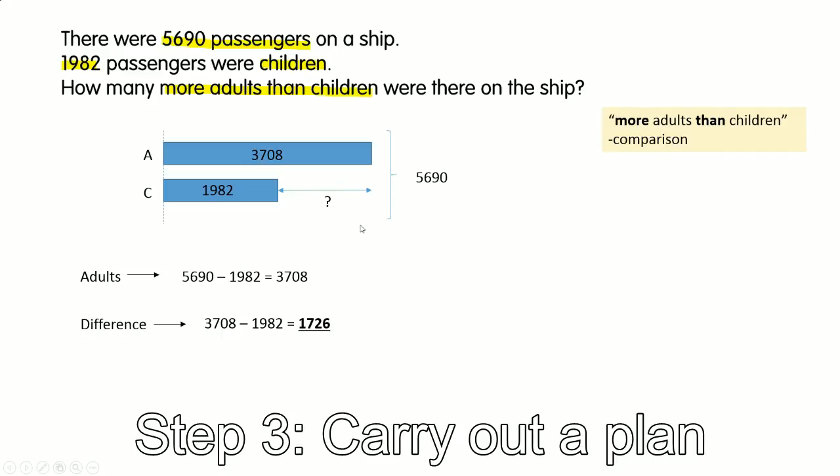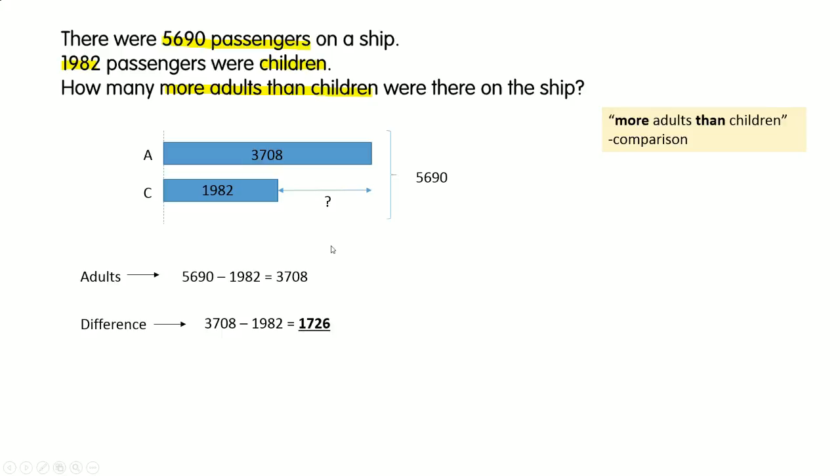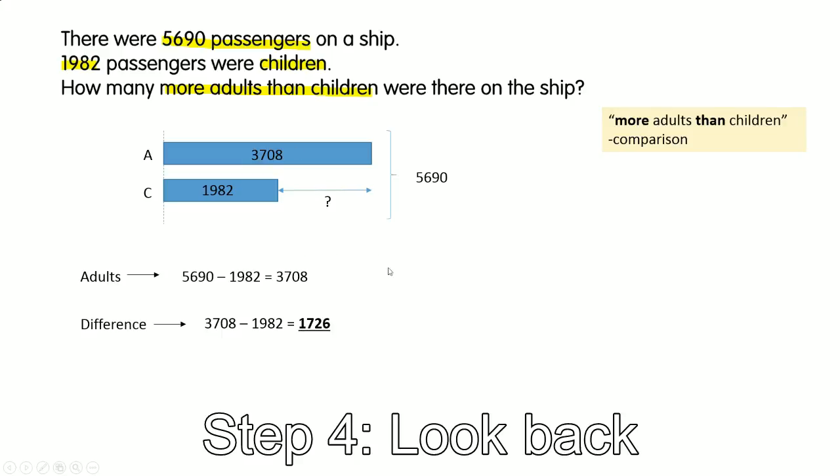Not to forget, our last step, the 4th step, we need to look back and determine the reasonableness of the answer. Let's check. 1,982, the number of children, plus our answer, 1,726, should give us the number of adults. If we add it up together, it gives us 3,708. So we got the number of adults correct.